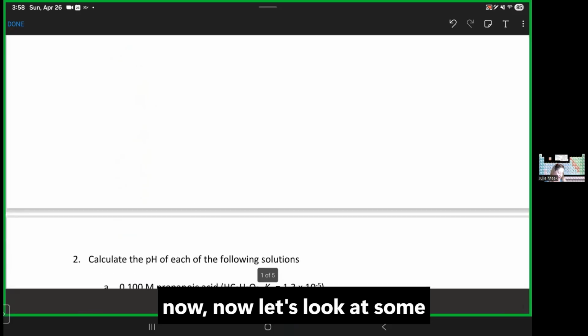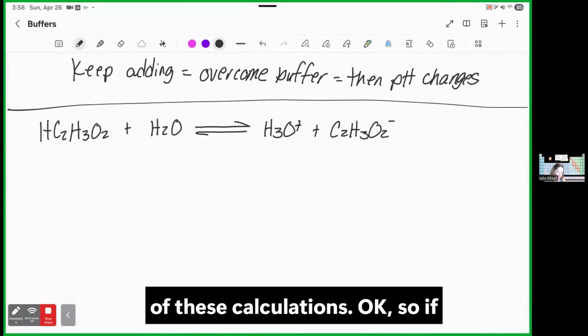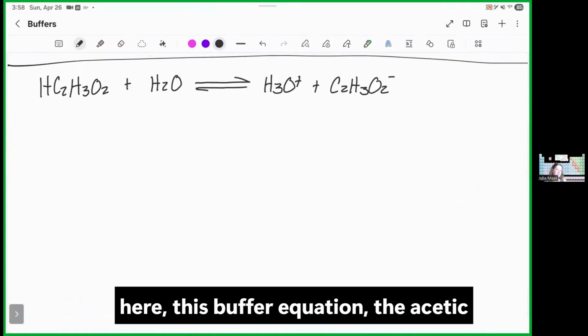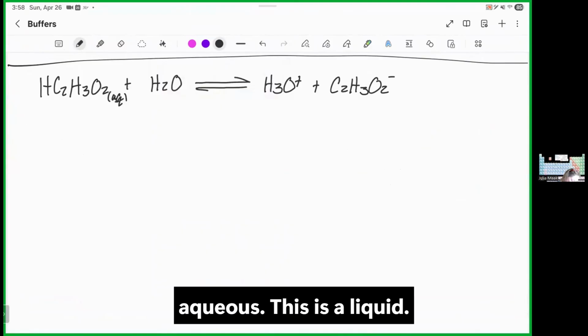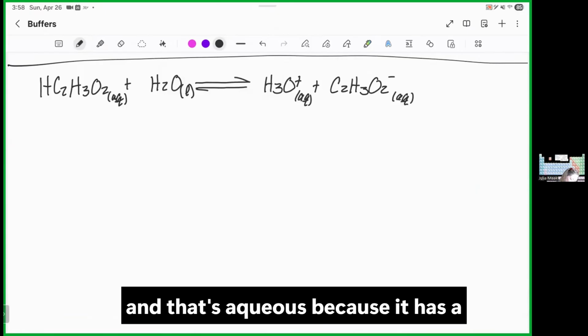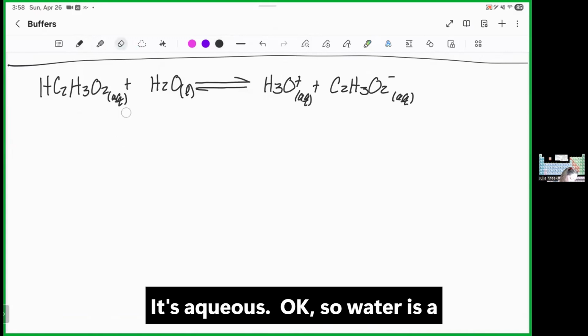Now let's look at some of these calculations. If I'm looking at this buffer equation, the acetic acid buffer equation, this is aqueous, this is a liquid, this is aqueous because it has a charge, and that's aqueous because it has a charge. This one, because it's an acid, it's aqueous.